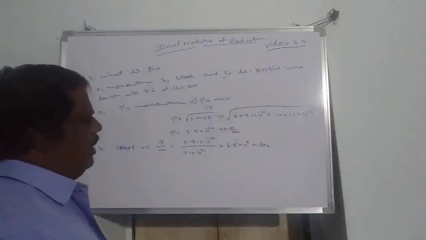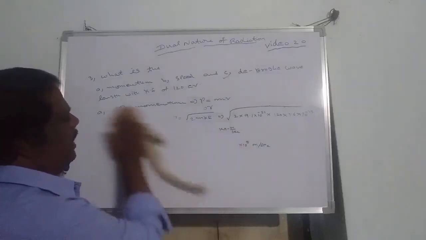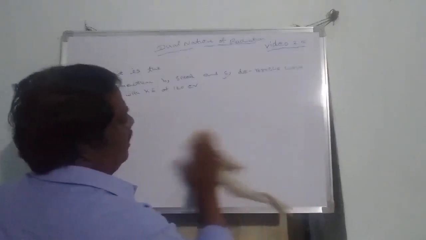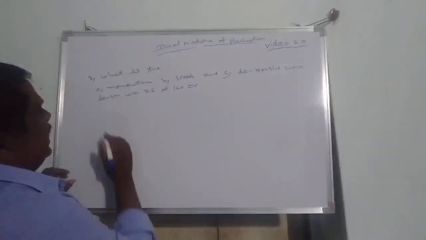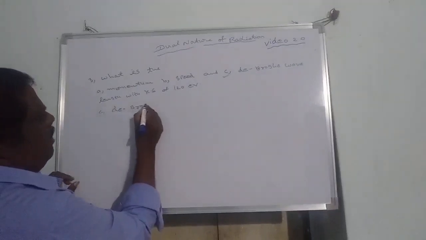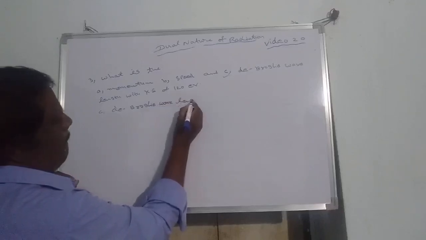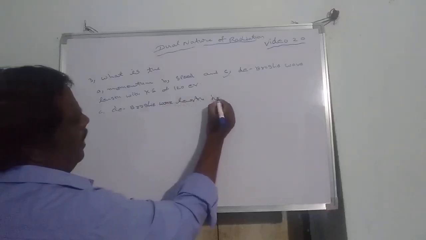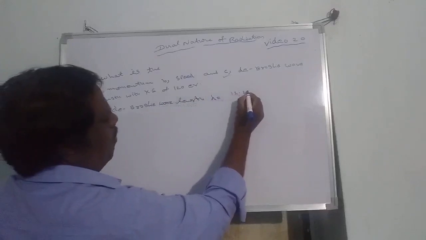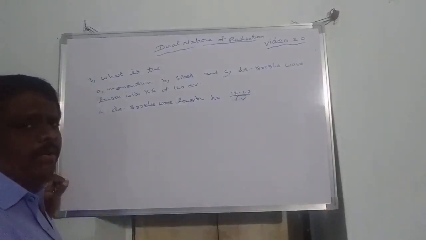Next one is the de Broglie wavelength. What is the formula to find the de Broglie wavelength? Case C, we have to calculate the de Broglie wavelength. Lambda is equal to 12.27 by root V. Here V is the critical voltage.